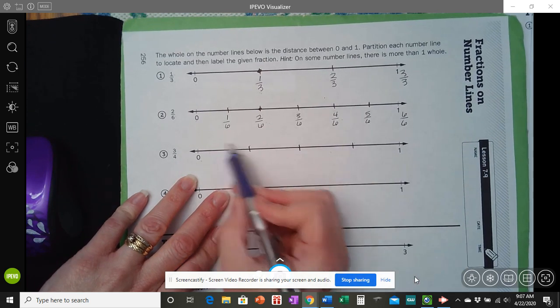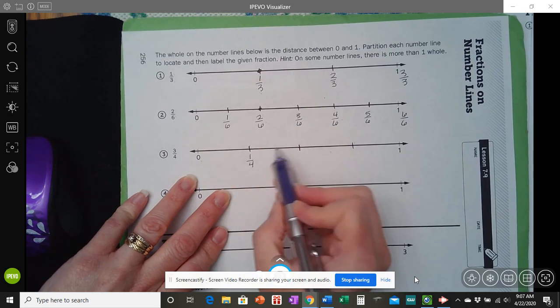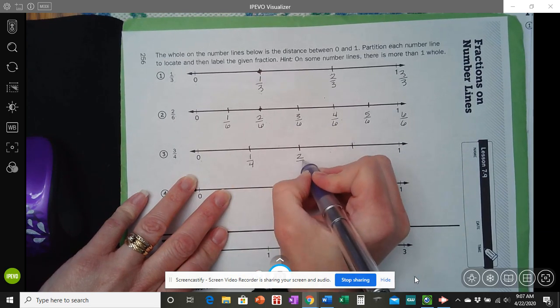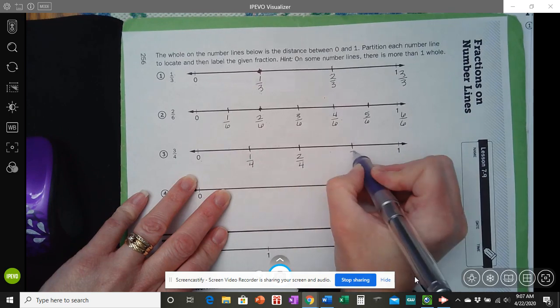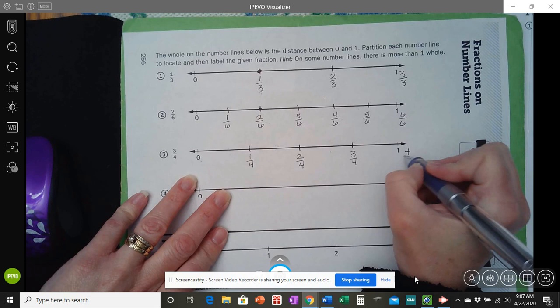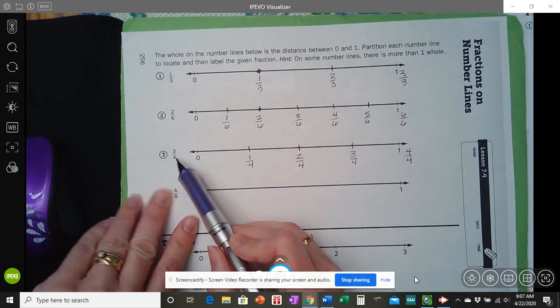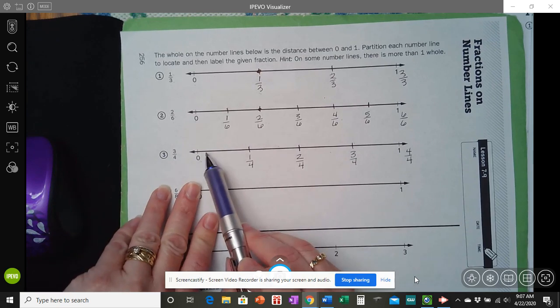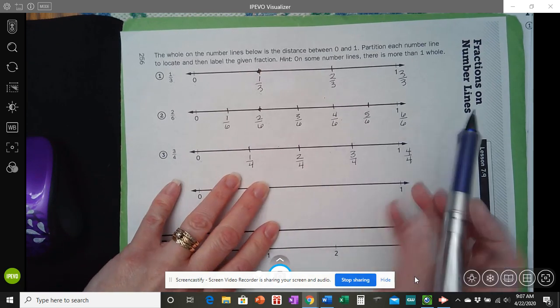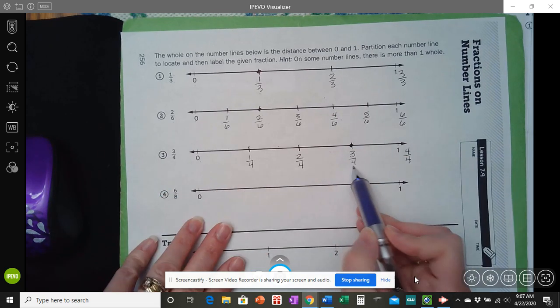Good, we do. This is 1 piece out of 4. 2 pieces out of 4. 3 pieces out of 4. And 4 pieces out of 4. Good job. Okay, so now we need to do 3 pieces, so I'm going to count 1, 2, 3. I'm going to fill in my circle above the 3/4.